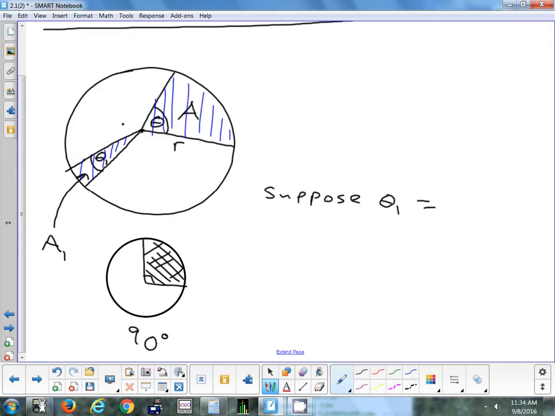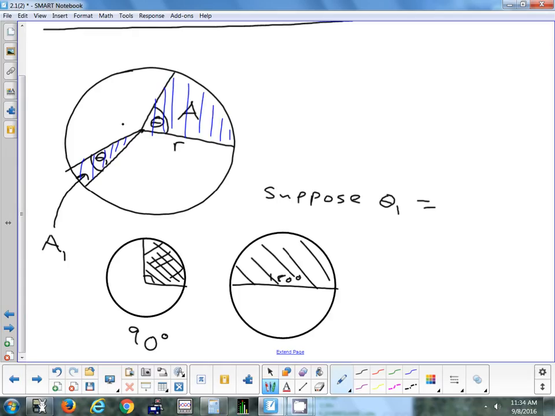And how much of the circle does a 90-degree angle kind of block off? Yeah, a fourth of it, or a quarter of it. Okay, so let's go a little bigger. Okay, I have a straight angle now. And how much of the circle does 180 degrees block off? Yeah, it's half of it.